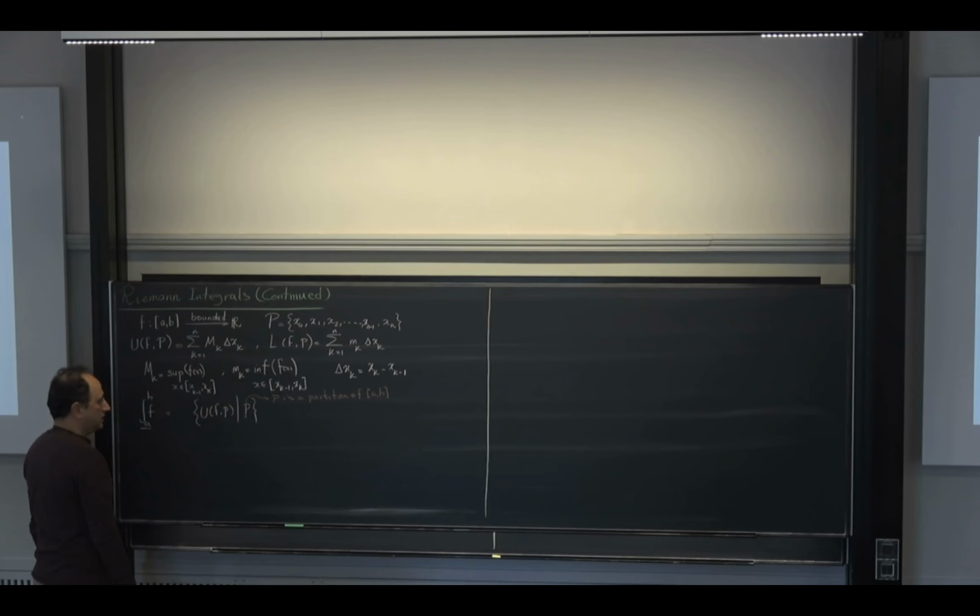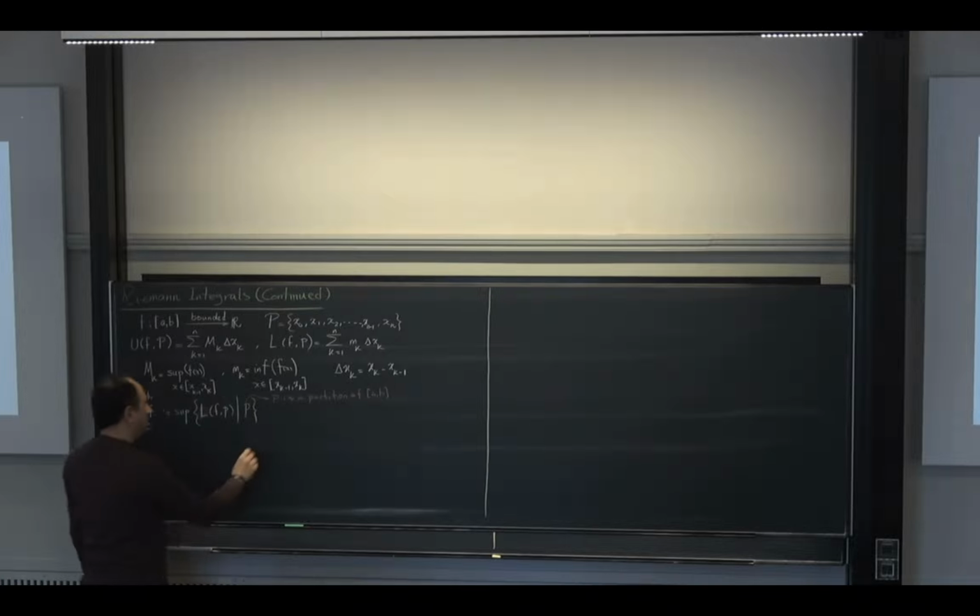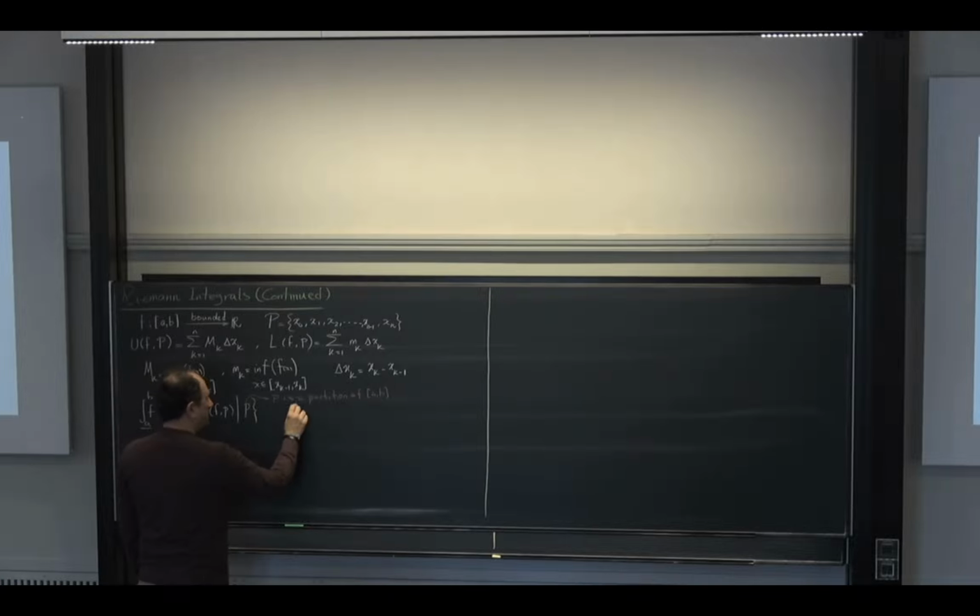Oh, sorry, shouldn't it be the supremum of the lower sums? Yes, thank you very much. This is the lower sums, and then I take the supremum. And then similarly, the upper integral is defined to be the infimum of the upper sums.